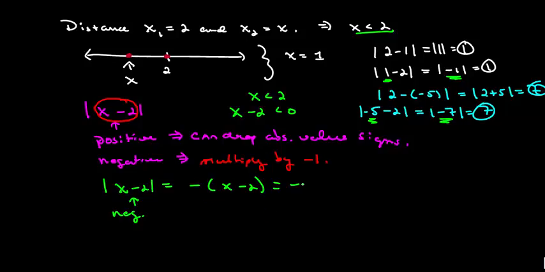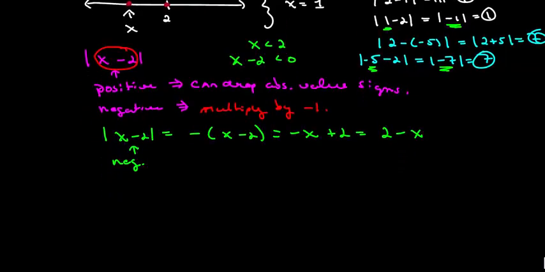And so that'll end up being minus x plus 2, and you can write that as 2 minus x since addition is commutative. If you write it the other way, it's not a problem. So if we write it as 2 minus x, again, since x is less than 2, that implies if I subtract x from both sides, I get this.